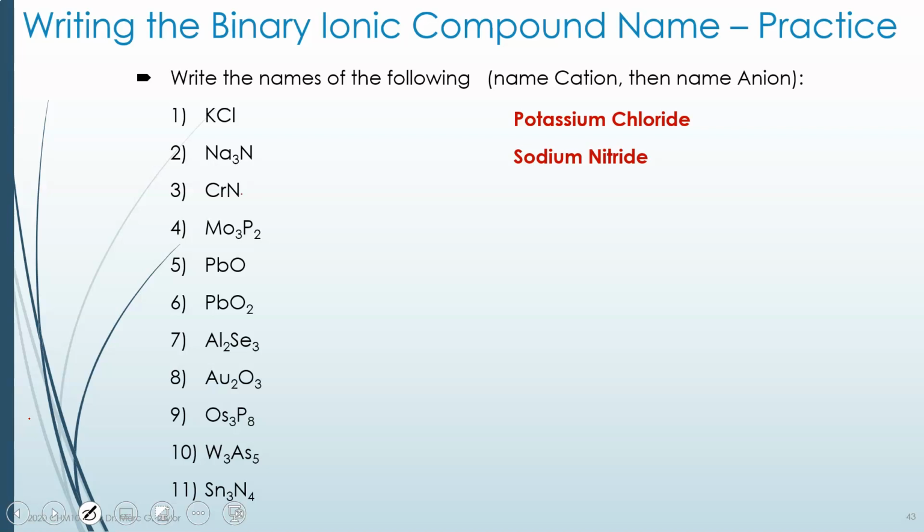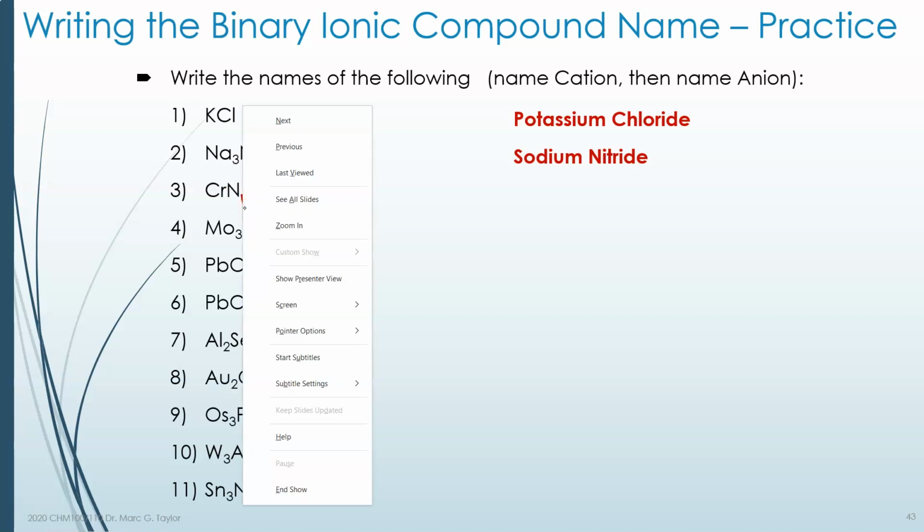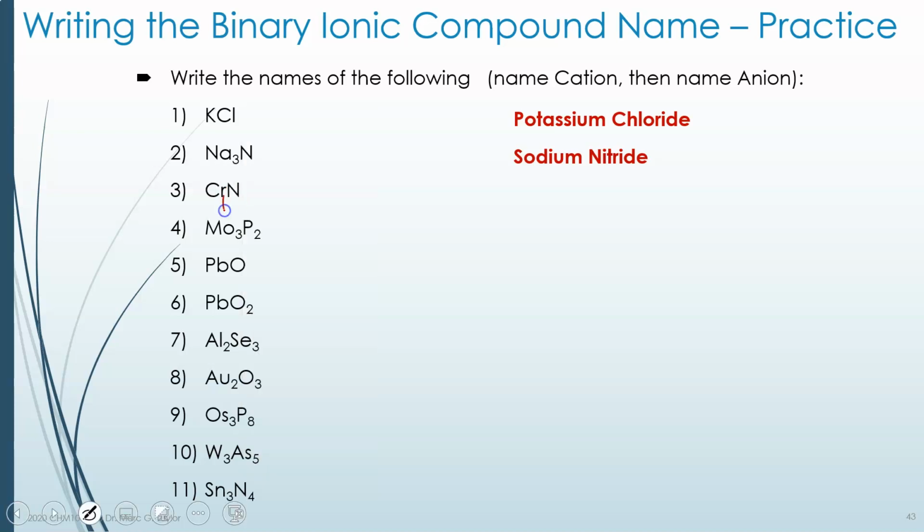But what we know is this: if you don't have a 1 there, write a 1 just to remind yourself there's 1 of each. So it's 1 chromium, 1 nitrogen, and you know that each nitride is a -3. So now you know our missing number, X, we just put that in there. We know that 1 times 3 must be equal to 1 times X. Well, clearly that is 3, so we know the name is chromium 3 nitride.